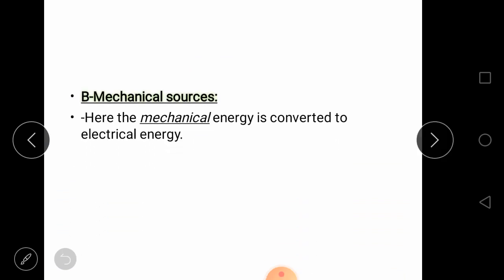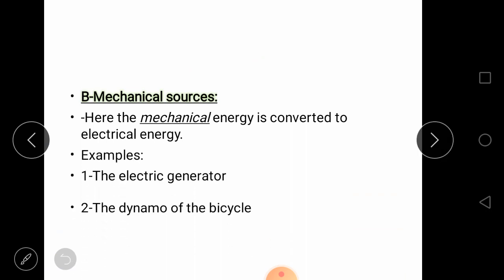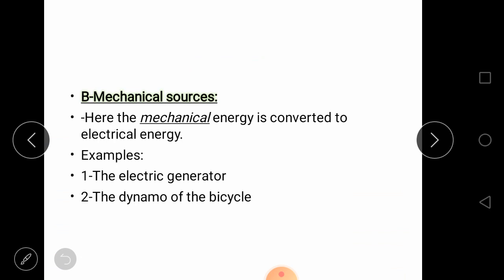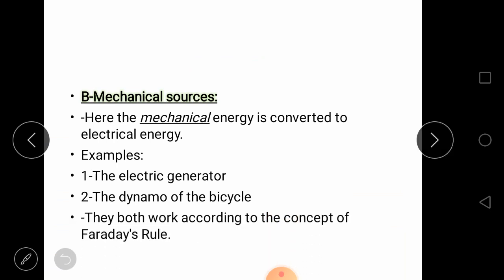Here the mechanical sources convert the mechanical energy into electrical energy. We have two examples, the electric generator and the dynamo of the bicycle. As I said, you can check the drawings. The main point here is the scientist Faraday.